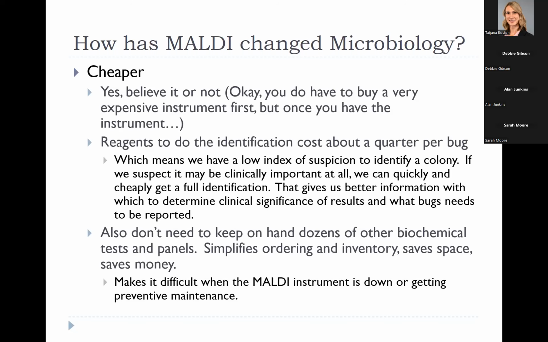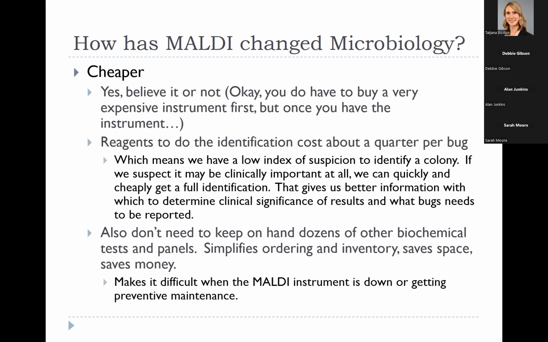You might save a little money on labor costs because it's faster and easier to set up a target to run on MALDI than it is to set up a bunch of biochemical tests. So you can quantitate those and give them to your administration and say, this is where we're going to save money. You won't be able to save the entire cost of the instrument within a year or so, but you'll have a return on investment that you can calculate there.